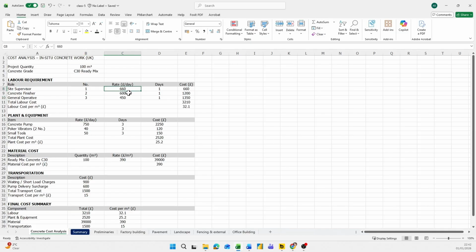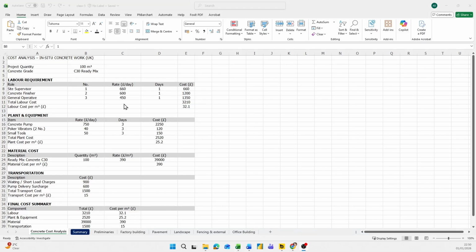And this is the rate. This rate is for the UK. You can put in your country's rate. And this is the total labor cost, and this is the labor cost per cubic meter.